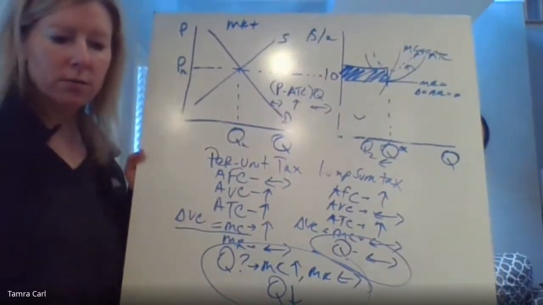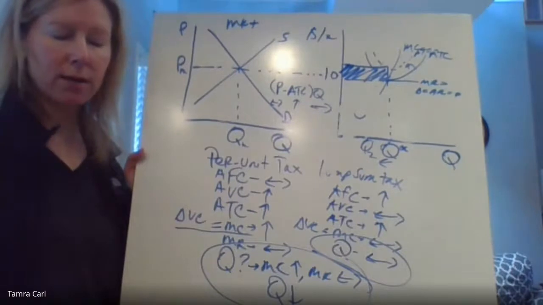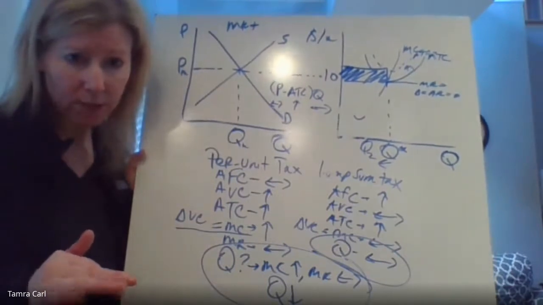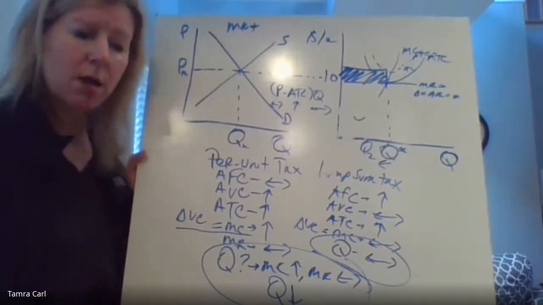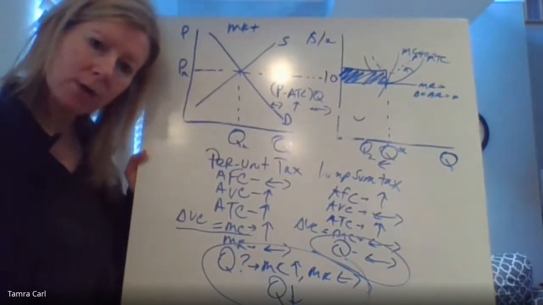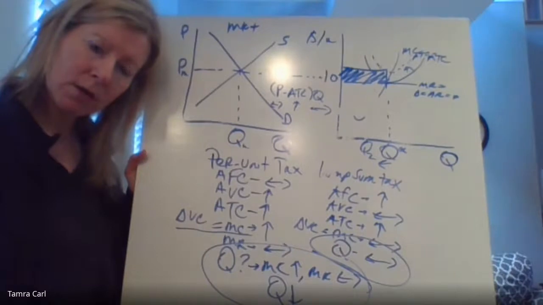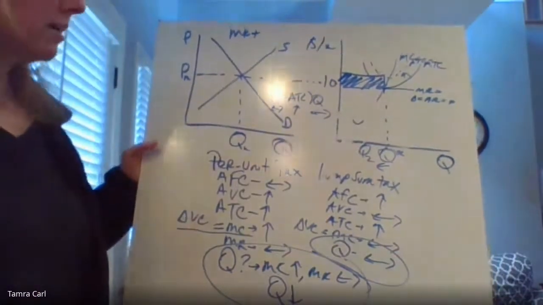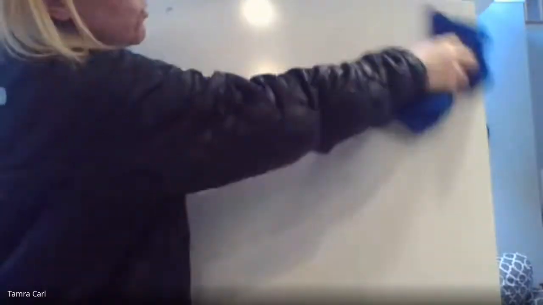So this is where they have to tell you that the firm is in long run, or I'm a perfectly competitive firm and I'm breaking even, because then I know I'm in long run. But they could ask you about what is going on with regard to the ATC curve. And so that's where the last thing that I want to differentiate about cost curves would be the difference in the long run versus the short run.